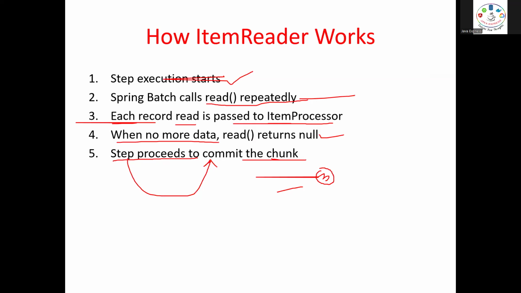When 3 records are successfully completed, the step maintains the commit and the chunk information, meaning the data will be stored into the database. That means all the operations are successful. This is how the process works.